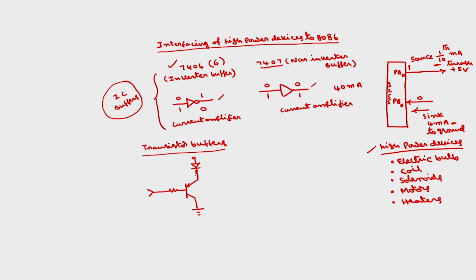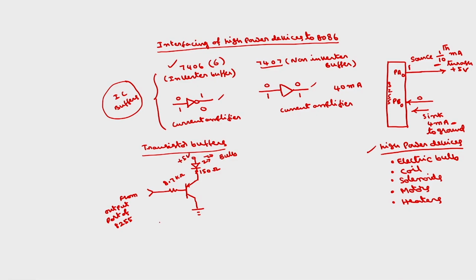You have to connect 150 ohms, and this will be 8.7 kilo ohms. This is from the output port. This you can connect to the LED, or you can even connect an electric bulb here. This is connected to plus 5 volts.